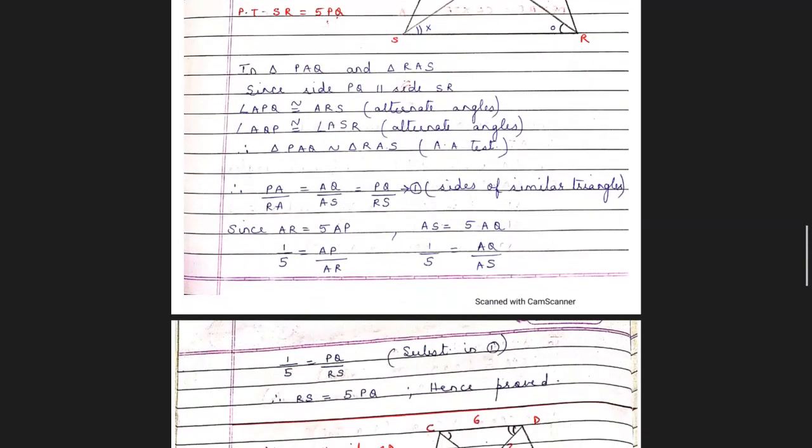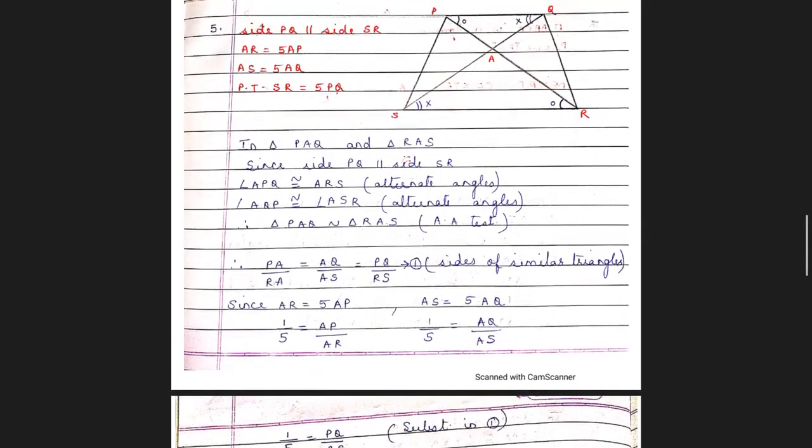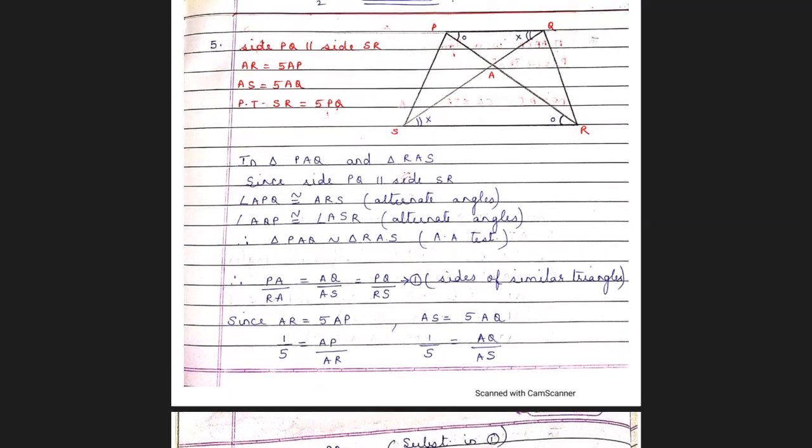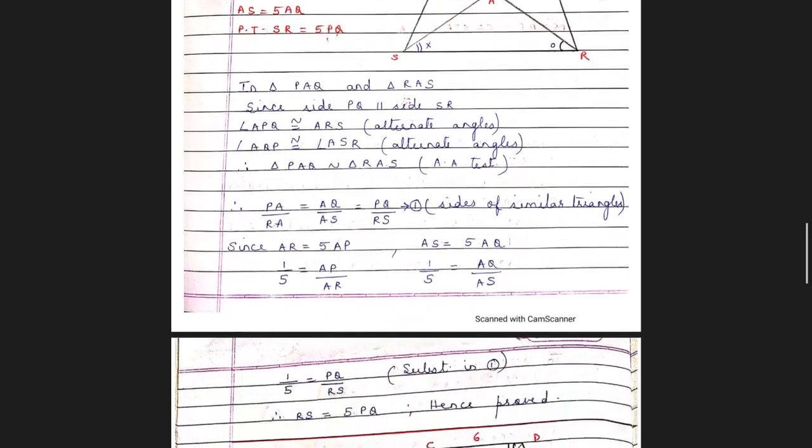Therefore, I write the sides of these similar triangles in proportion. As I told you, if you write these three vertices correctly, it becomes very easy for you to write the sides in proportion. I write the first two, PA upon RA, equal to the second and the third, AQ upon AS, equal to the first and the third, PQ upon RS. And therefore, I get the sides in proportion. Now, it's given to me AR is equal to 5 times AP.